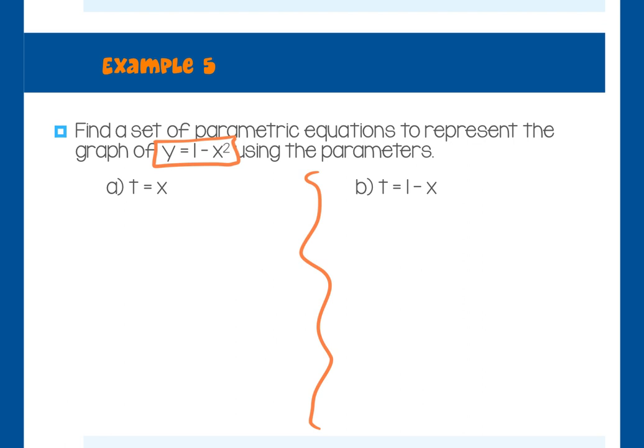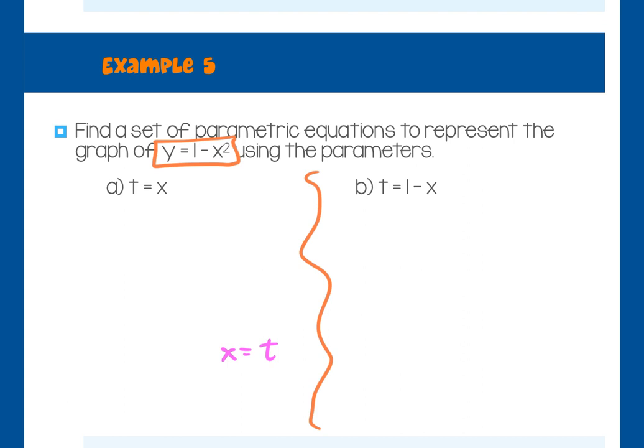So for A, you're using y equals 1 minus x squared and t equals x. Of those two equations, one of them is going to have a t in it. We see it, right? x equals t is the one that has the t in it. That one is going to be part of my answer. I would solve for whatever the variable is. This time we just had to flip sides. That's one part of your answer.